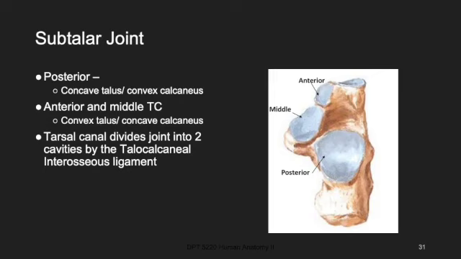Also understand that we have a tarsal canal that divides the joint into two cavities by the talocalcaneal interosseous ligament. So that's definitely something you want to make sure you know as well, that we don't just have one big unit here, we have a couple different units.